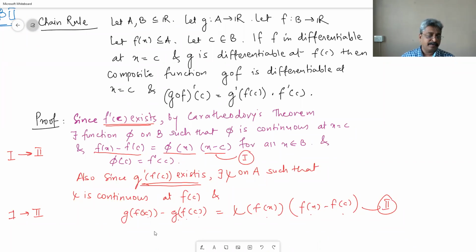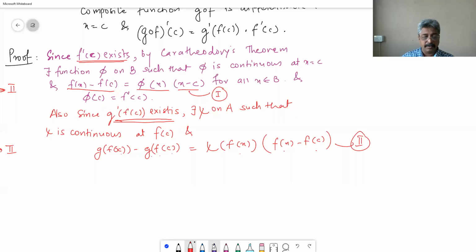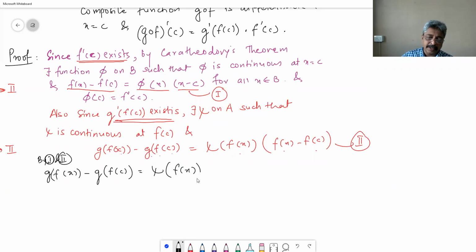We can club them now and say, if we club them, by 1 and 2, g of f of x minus g of f of c is equal to psi of f of x into phi of x into x minus c.